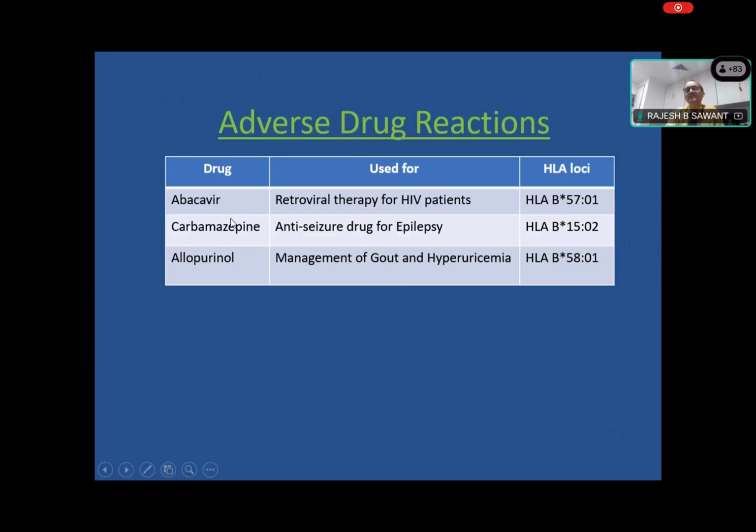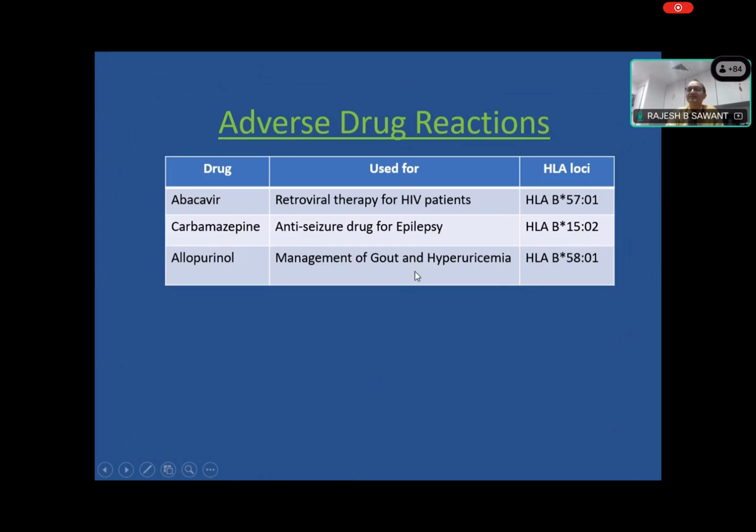So if a patient is to be started on antiretroviral therapy, most commonly abacavir is the drug that is used, but you look for a particular HLA locus, that is HLA-B*5701. If this is present, then there may be sensitivity to abacavir. Similarly, for patients with epilepsy, where you use carbamazepine, you may want to look for HLA-B*1502 before starting the therapy.